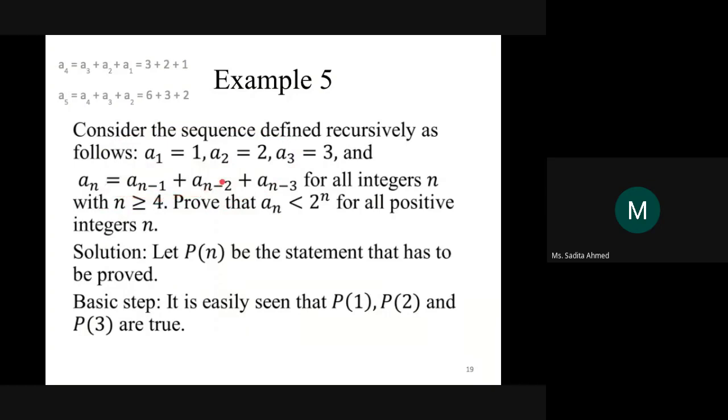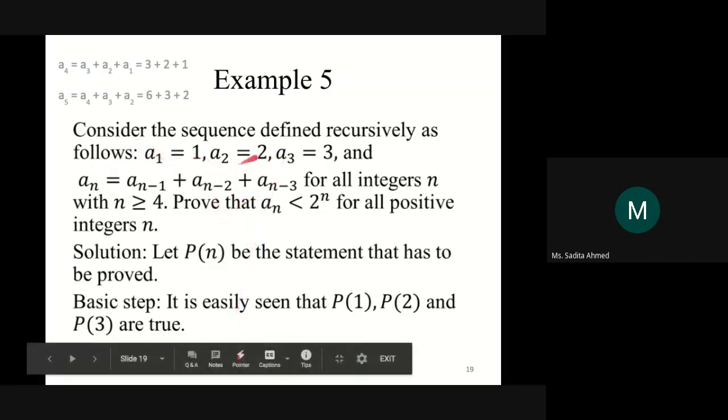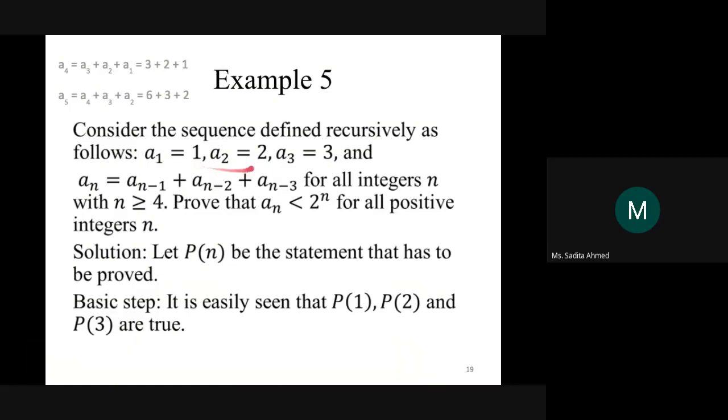We will use this recursive definition next, because we are proving this for the sequence, and the sequence is defined using this recursive definition. Here every term is derived based on the previous three values, and this definition relies on a1, a2, a3. So in the base case we have to prove that a1, a2, a3 are equal to 1, 2, 3 respectively, and those values will always be less than 2 to the power of n for 1, 2, 3, all of them.